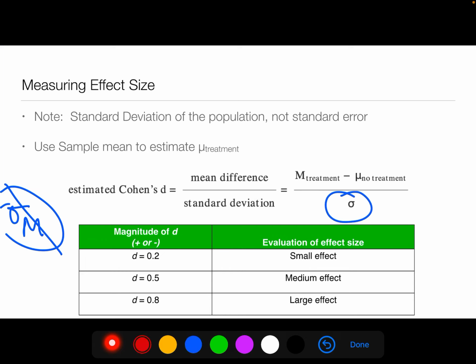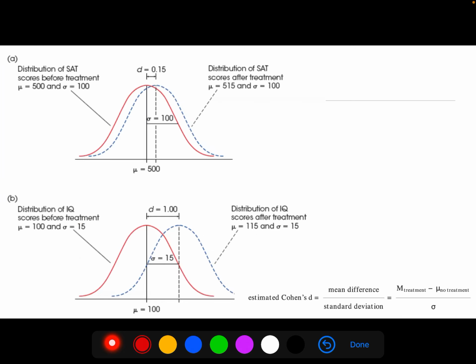Notice that this is magnitude, so it's independent of whether it's plus or minus. So I can get a negative value of 0.8, and that's still a really large effect. Even though it's negative, we might think, oh, well, that's tiny then. No, it actually means that there's a really big difference. So whether it's plus or minus doesn't matter here at all. What matters is this value on this continuum.